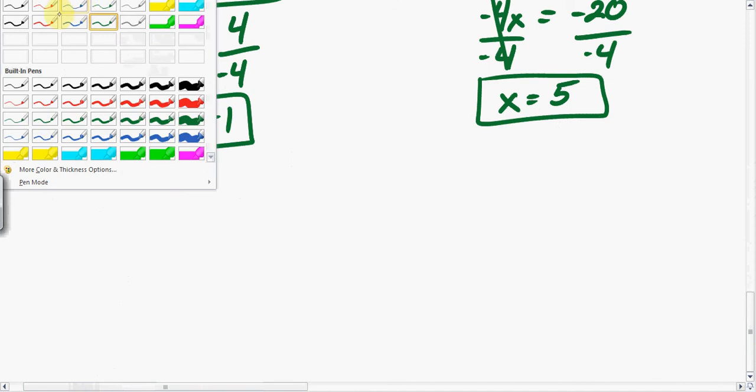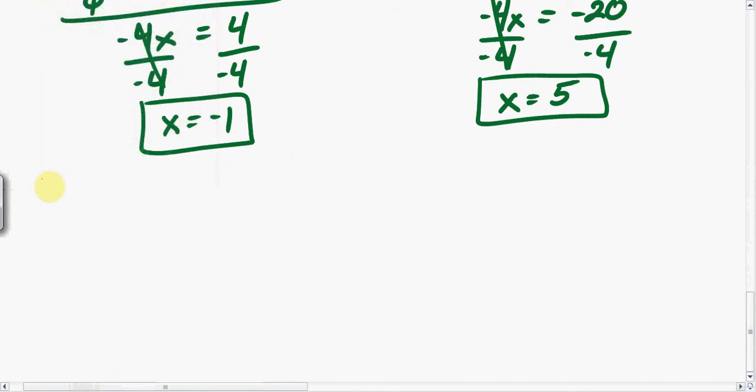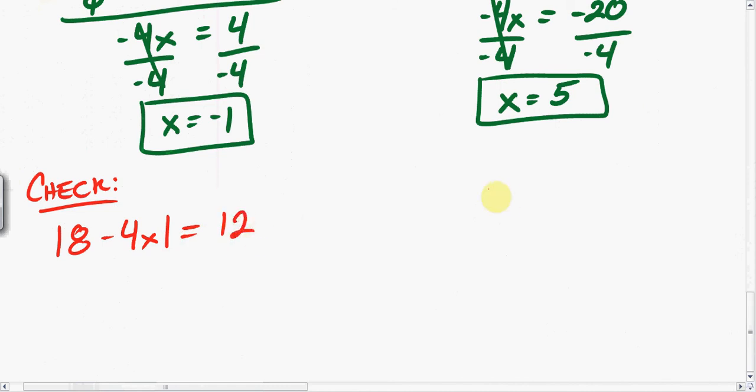So now, pull out my red pen here, and I'm going to check. The original problem was the absolute value of 8 minus 4x equals 12. So plug in the value of x, which is negative 1.